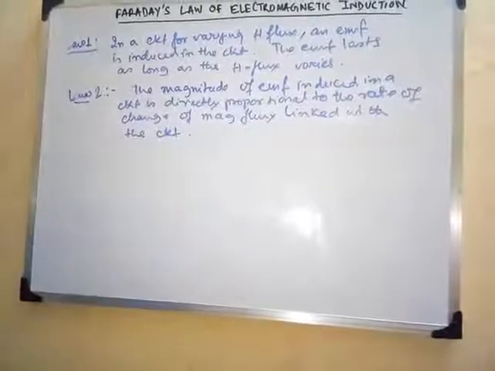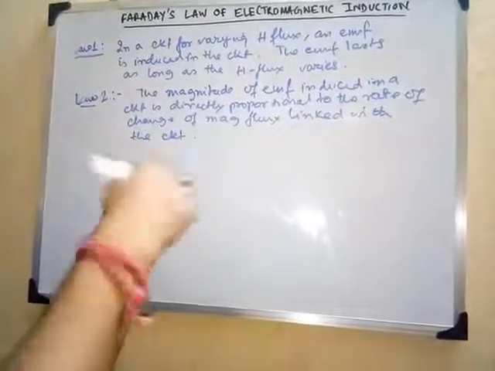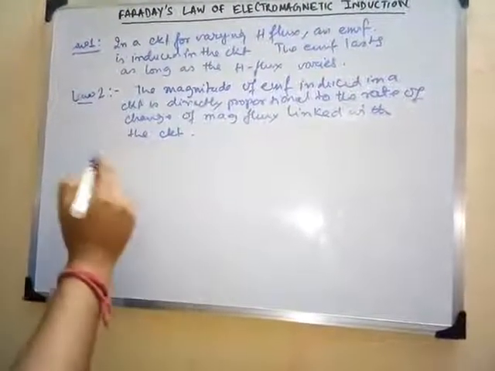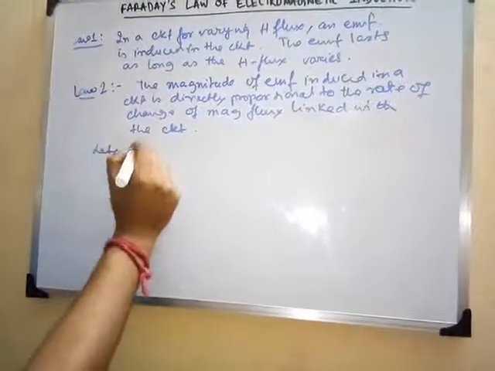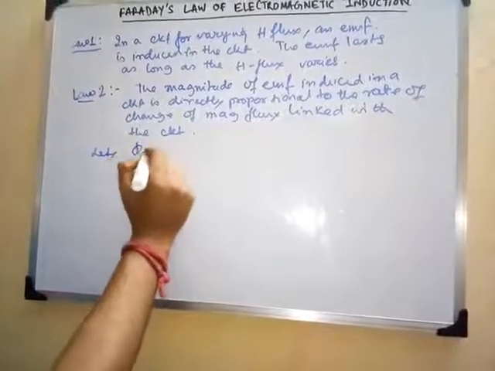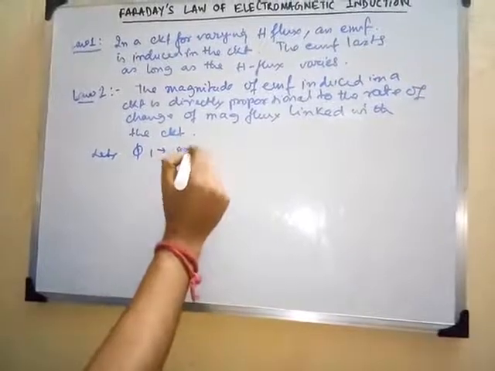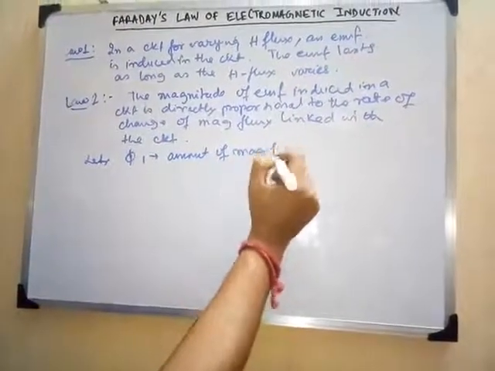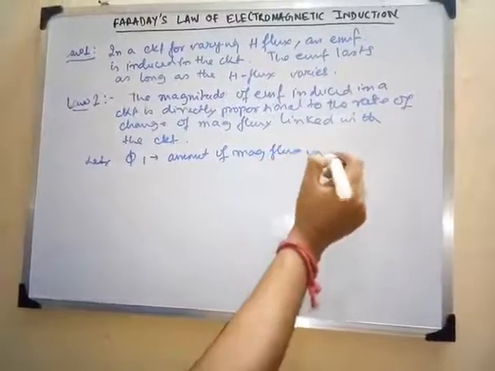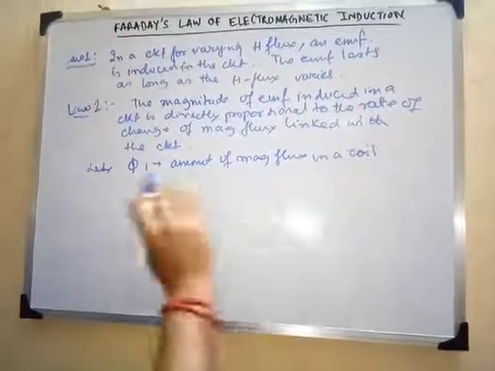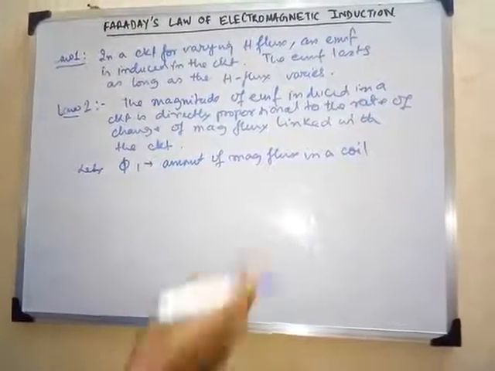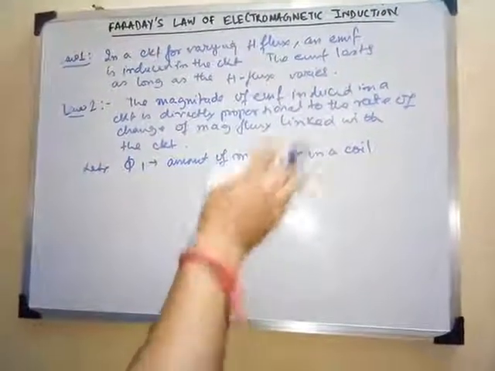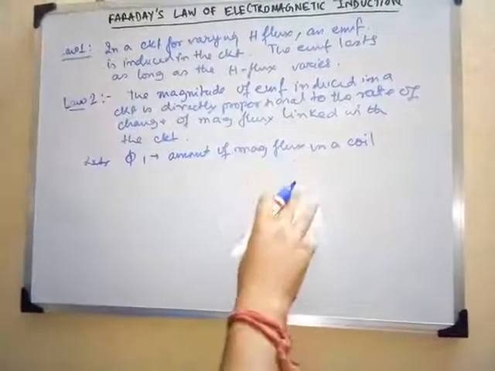Let us now see a bit of details about these laws of Faraday. So we first consider, let phi 1 be the amount of magnetic flux in a coil. We are considering a coil where some variation of H field is occurring and some magnetic flux is there. Due to this magnetic variation, some EMF will be generated, right?